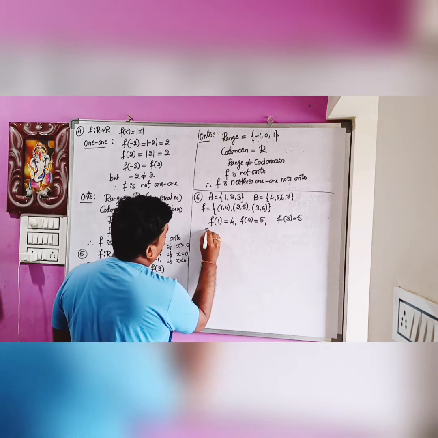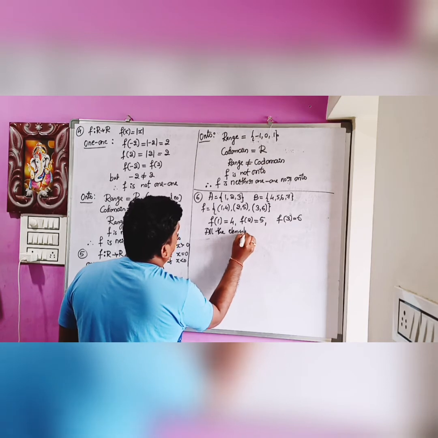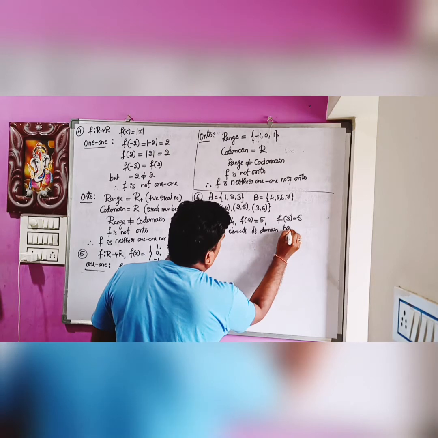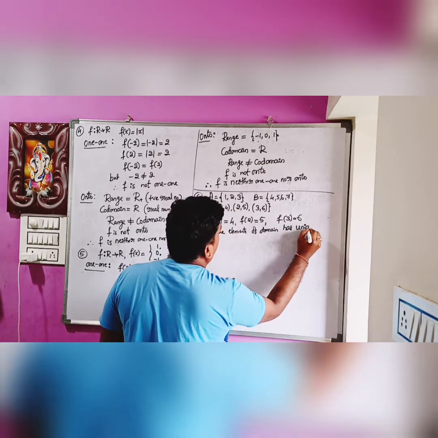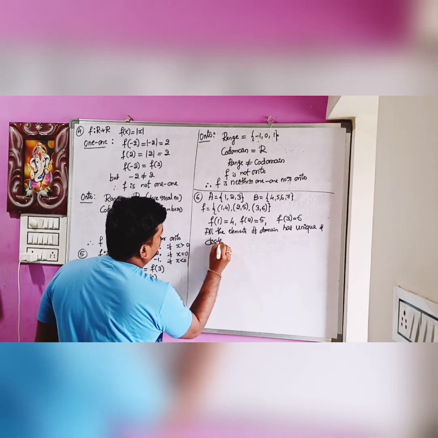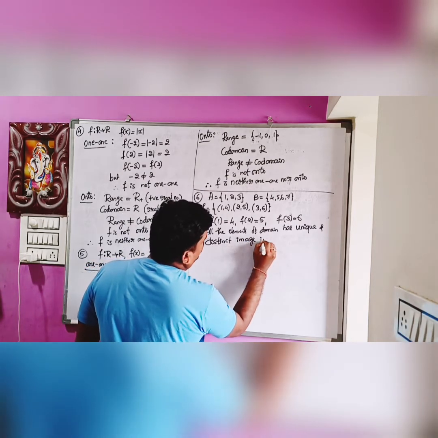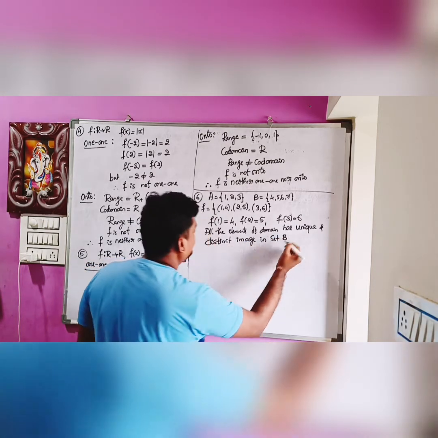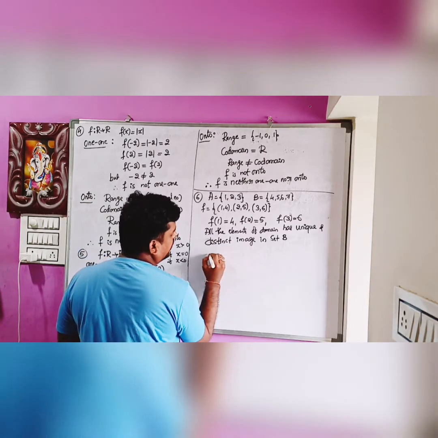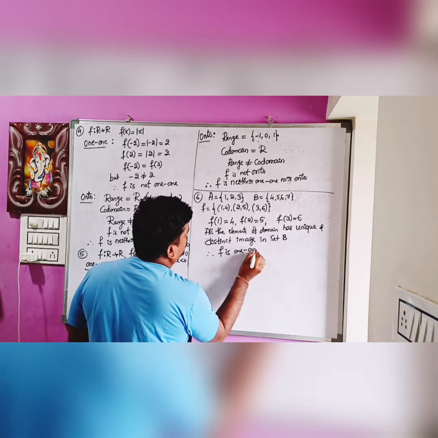So all the elements of the domain have unique and distinct images in set B, that is the codomain. So therefore it is enough for saying that F is a 1-1 function.